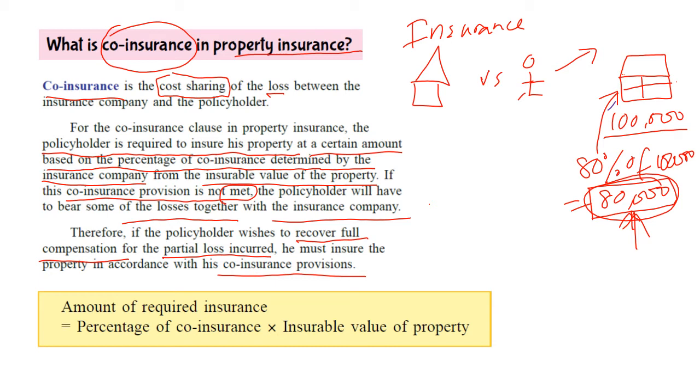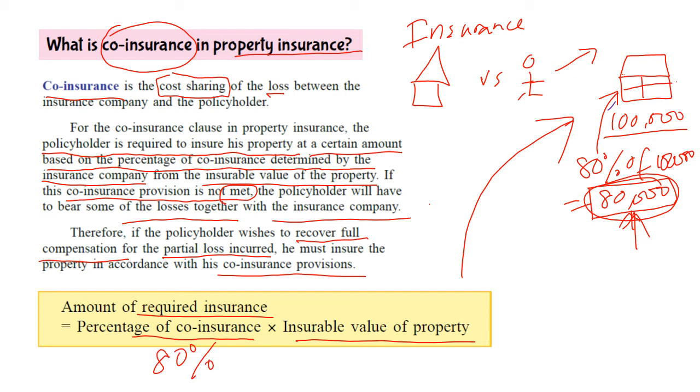There is a formula the insurance company will use. The amount of required insurance is the percentage of co-insurance times the insurable value of the property. In this case, the percentage of co-insurance is 80% and the insurable value is 100,000. That is co-insurance.